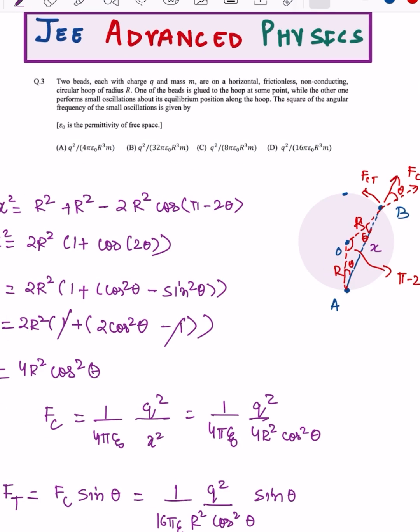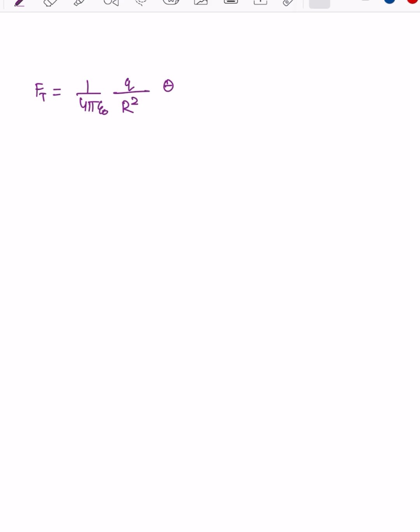So force changes as 1 over 4 pi r, q r square theta. And now what we need to do is change this theta to x, because the oscillation is happening in this x direction, and we need to be able to change that.